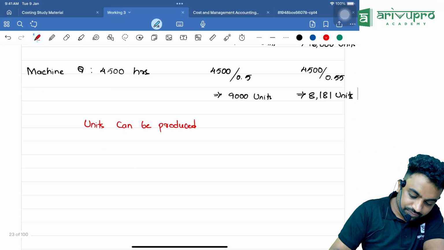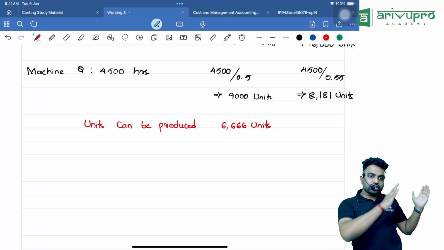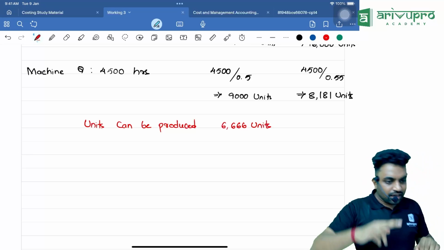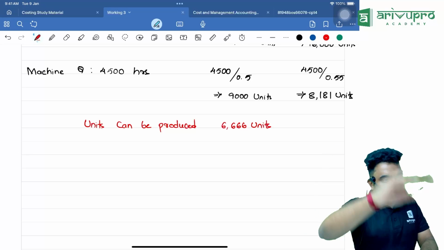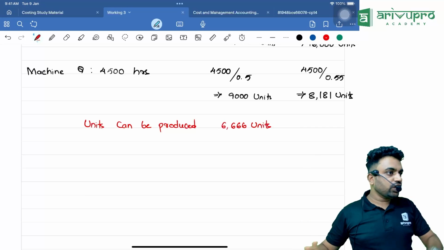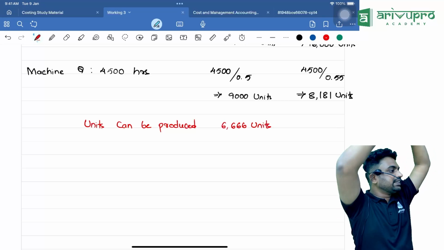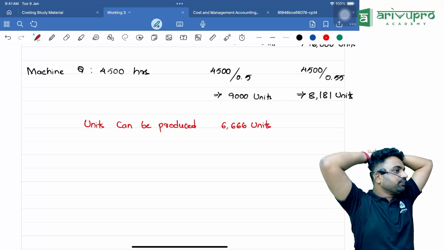Got it? That is, material also you can give an input of 6,666. Machine P will process, machine Q will also process, then you will get output. If you give some number more than 6,666, machine P will not process more than 6,666. That will be a waste.